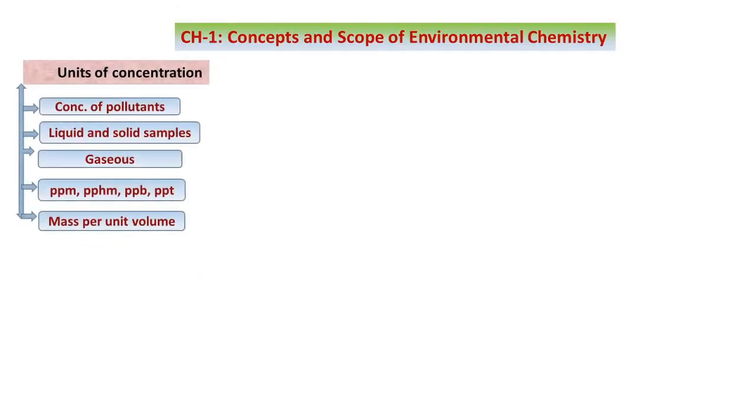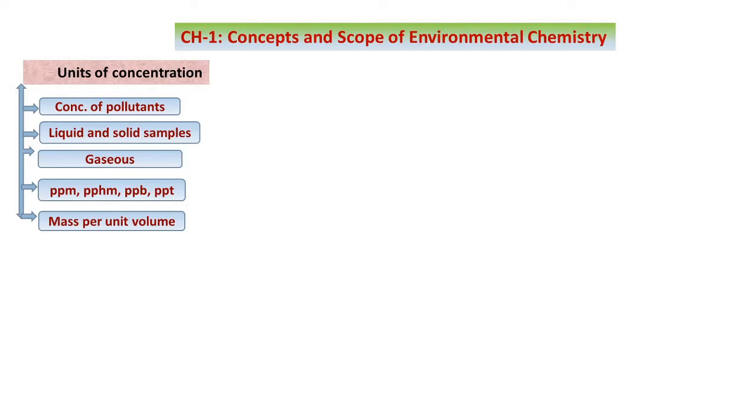So what are the units of concentration? Generally the concentration of pollutants is conventionally expressed in fractions, and usually the pollutants are toxic even at very low concentrations, of the order of ppm, that is, parts per million.